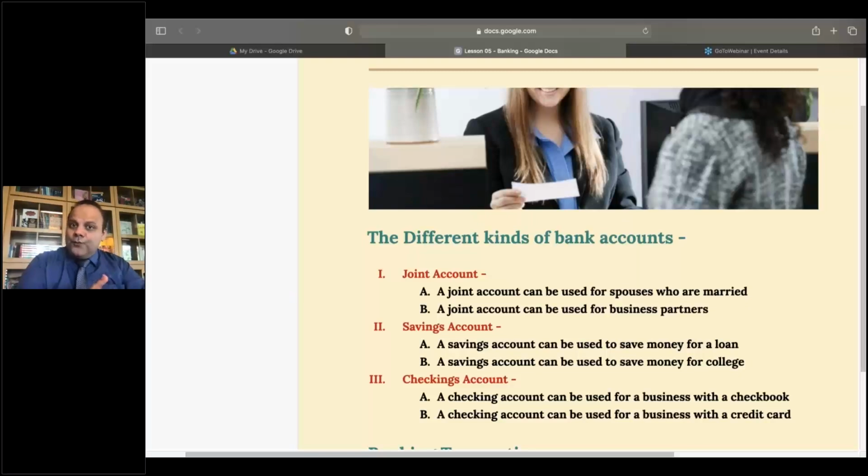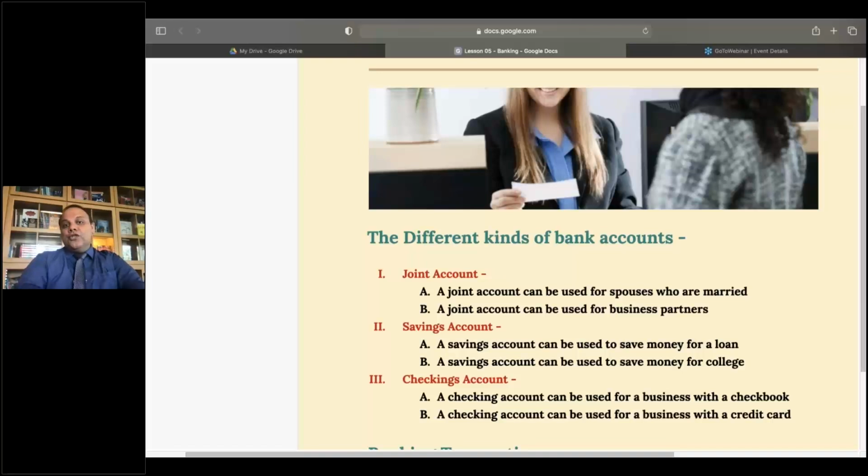A joint account or a savings account. Remember, "saving account" is not English. Savings account. You have to connect the Z to the A. Savings account. I have a savings account. Very good.